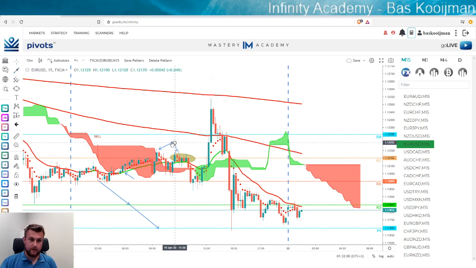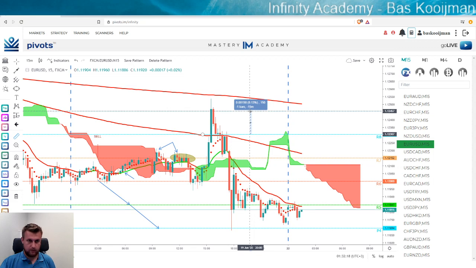Then we have a very important level to realize, and that's the R8 level, or even better, the +1 and 1.5 level. So if we would measure this pivot level 15, and I would go another 15 above, we are on the what we call the +1 level. If it's on the bottom, it's the -1 level.